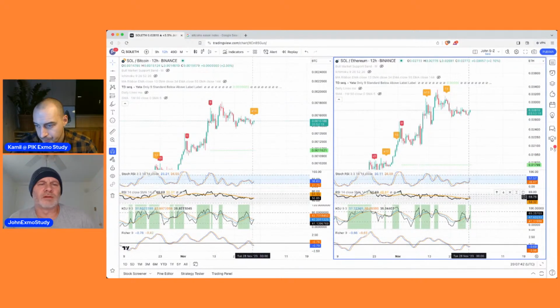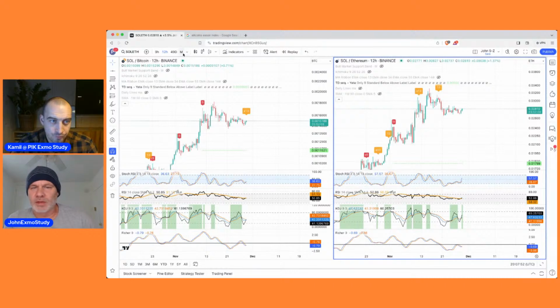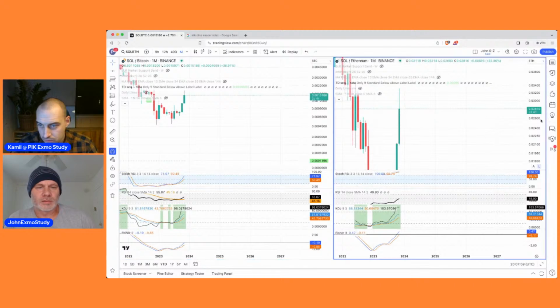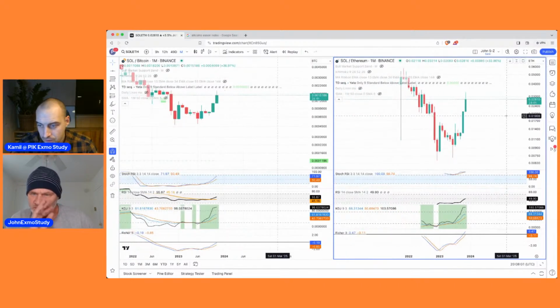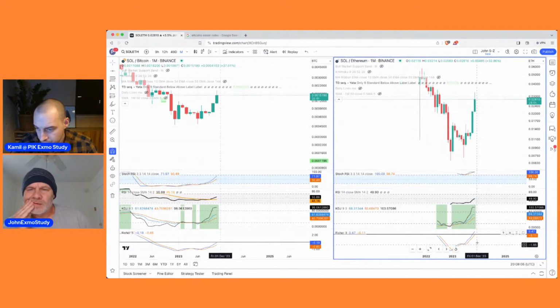And what chart is that? Okay, so we're on shorter time frames now, 12-hour. So you'd probably want to look at what the monthly looks like, to give us an idea of where we're sitting. Well, on the monthly, the RSI is creeping up on 50, and the Fisher just crossed zero.